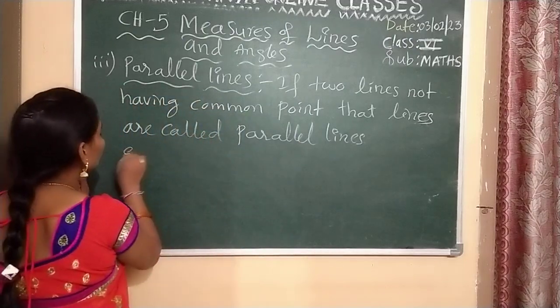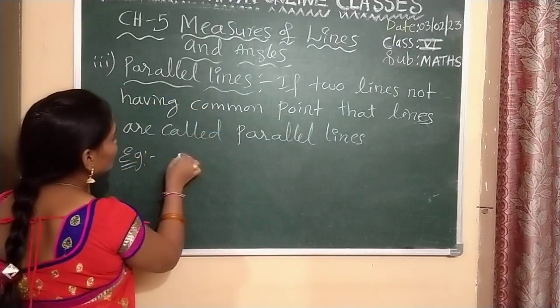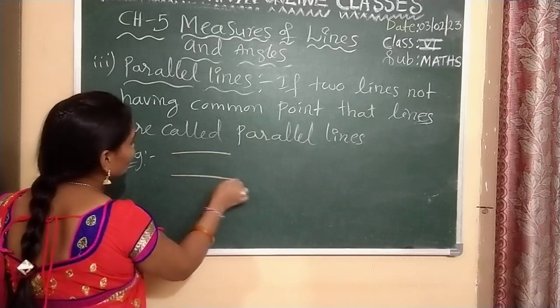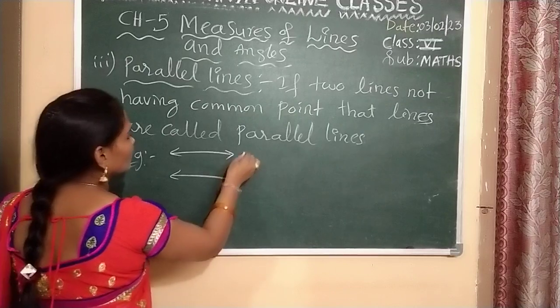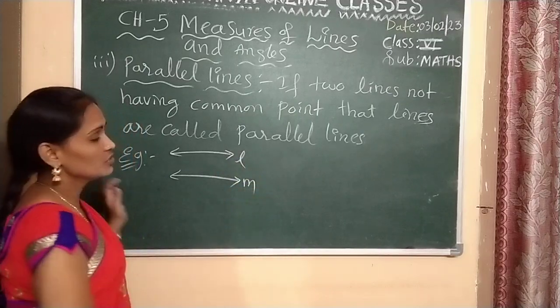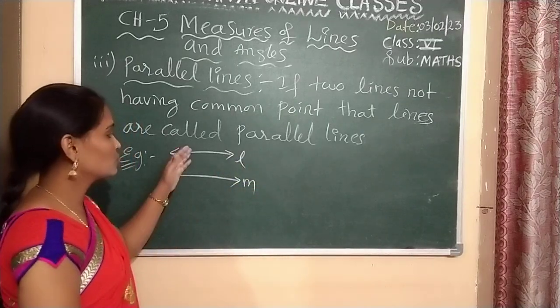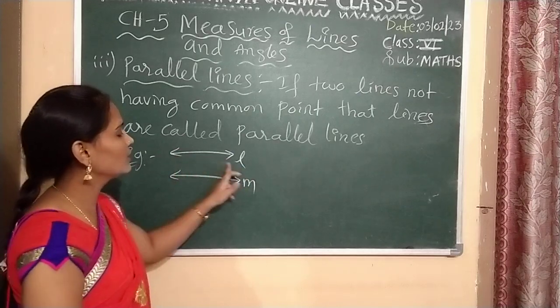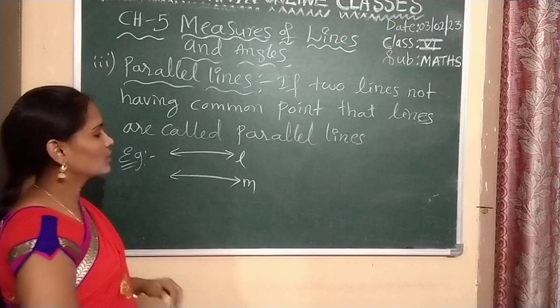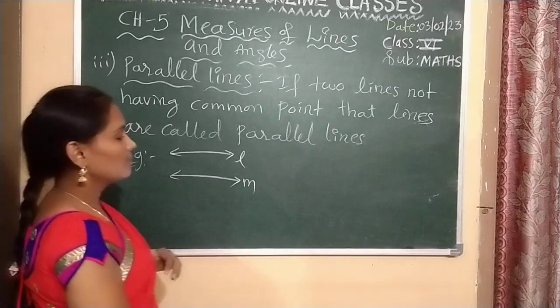How will the figure look? Suppose I am taking lines L and M. These are parallel lines. Why? These two lines do not have any common point. Okay, so we can call these parallel lines.